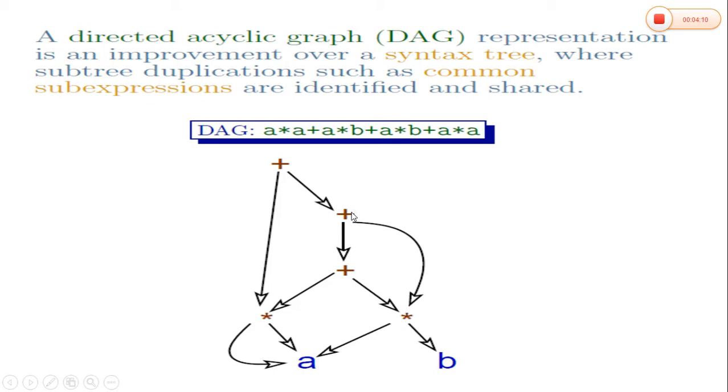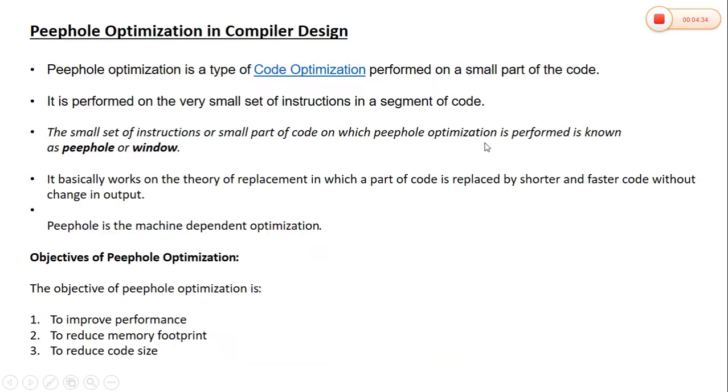So this node is representing A asterisk A plus A asterisk B plus A asterisk B. Now to this node, which is representing addition of three sub expressions, we have to add A asterisk A, and this node is representing A asterisk A. So we will add A asterisk A to this. So this node is finally representing the DAG of this expression.